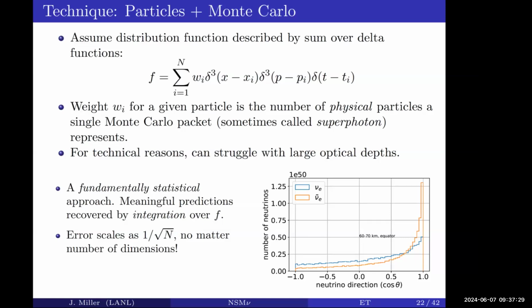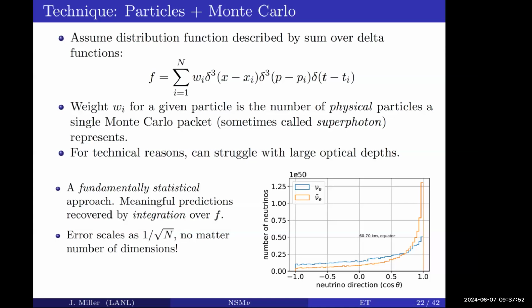It is the number of physical particles associated with some packet of delta functions in the simulation. So W is a huge number. It's like Avogadro's number or so. And these packets are sometimes called superphotons, for example. These methods, for technical reasons, we can talk about it if you're interested, can struggle with optical depths if you're not clever, but that is surmountable.